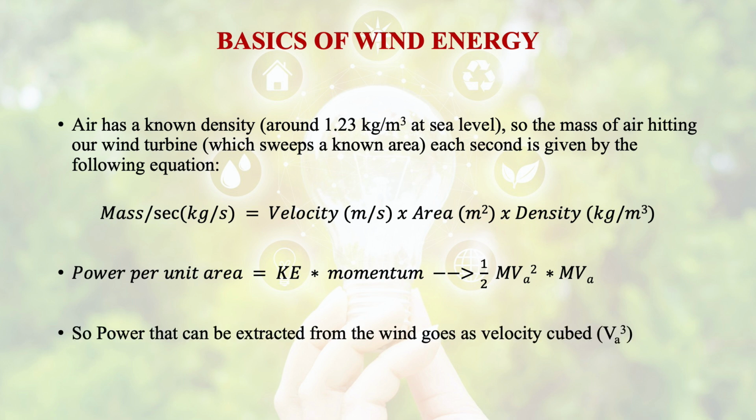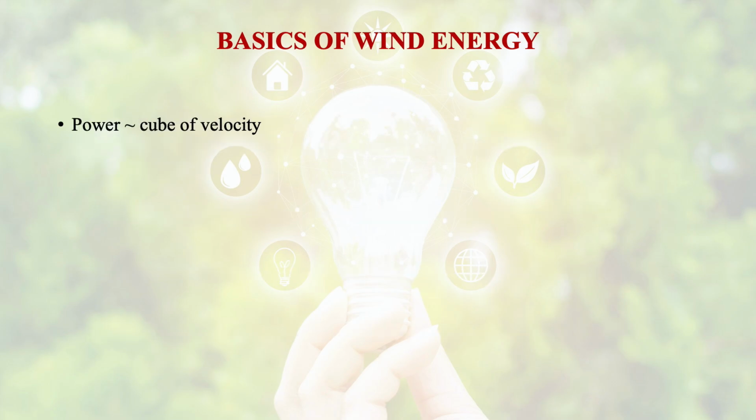So from here we can see that the power that is extracted from the wind goes as the cube of the velocity, and this power is directly proportional to the density of air as well. This power is directly proportional to the rotor swept area as well.